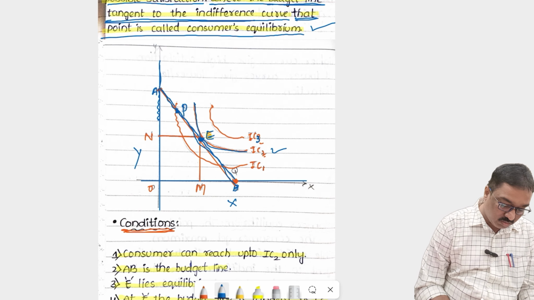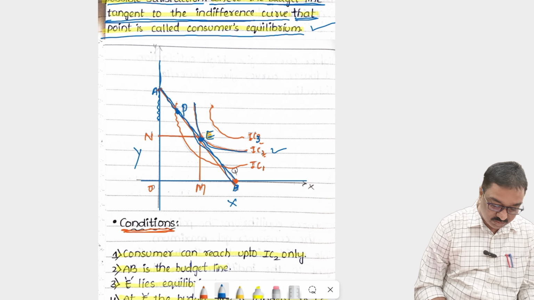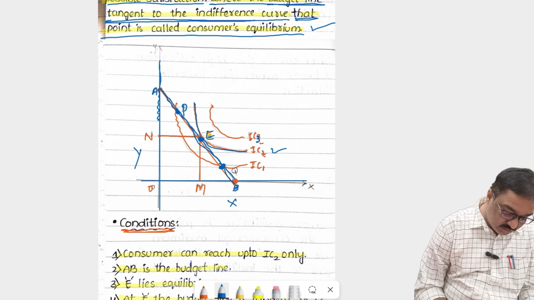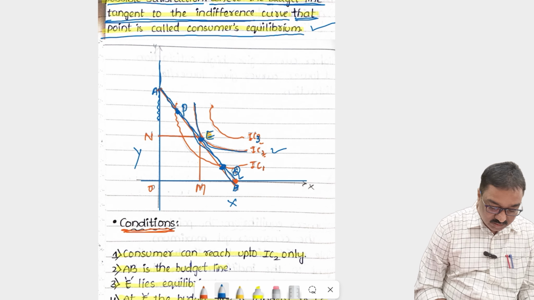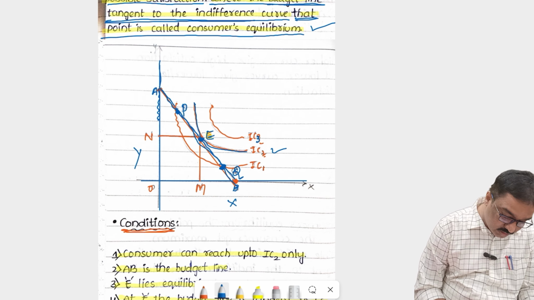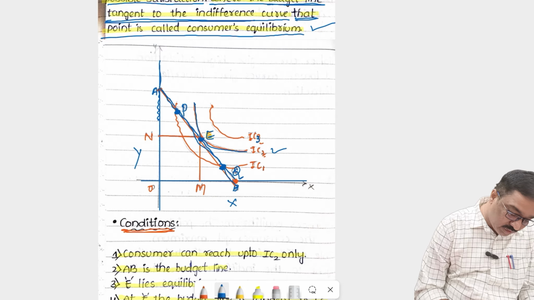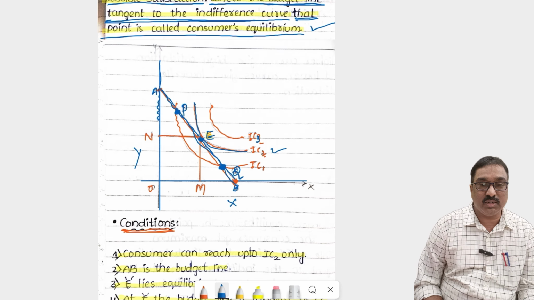This Q point is also not called the equilibrium point, because the budget line also intersects the indifference curve below IC1. These two points P and Q are not equilibrium points because here the budget line intersects the indifference curve.